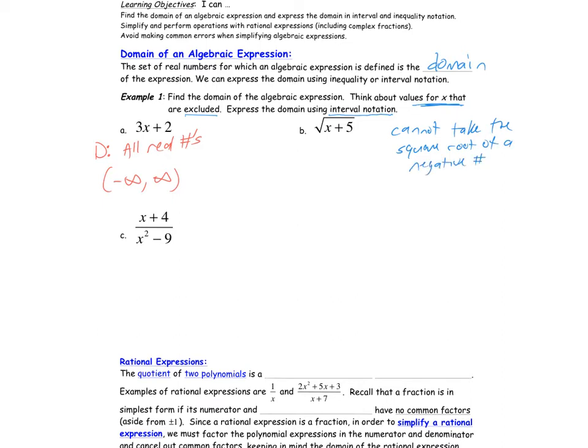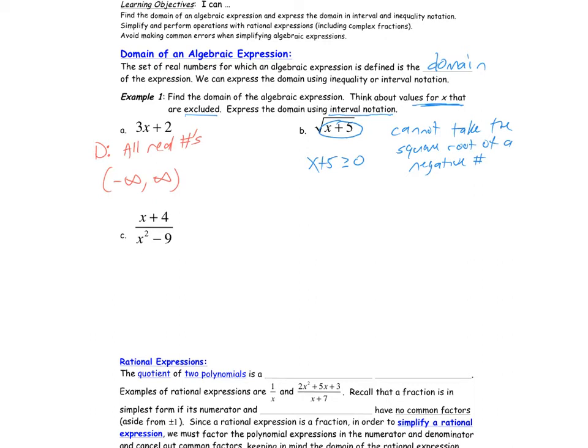So in order to find the domain, we can solve an inequality. That inequality will be x plus 5 is greater than or equal to 0. So whatever is underneath this radical, we'll take that expression and we'll solve the inequality x plus 5 is greater than or equal to 0. We can take the square root of 0, just not negative values.